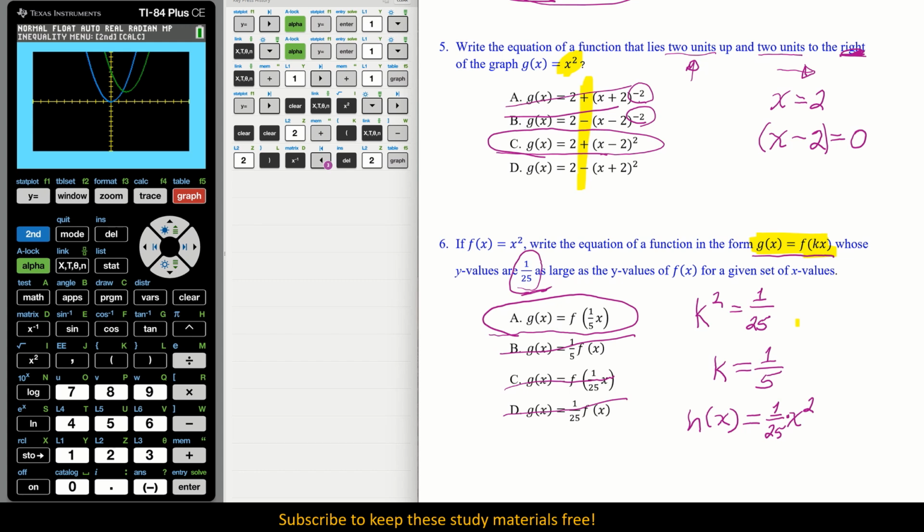So if we had started with this and multiplied this out to look like this, probably would have made more sense. In my mind, that's what I saw, but not everybody would see that right away. Okay, this is the last question in this particular video.